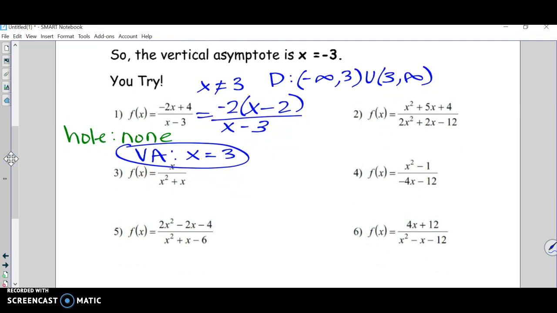What if I got rid of that? If I somehow canceled x minus 3, would that be a domain restriction? No, because I got rid of him, okay? That's why it's very important to do your domain and then check if you have a hole, because if you have a hole, your remaining domain restriction is your vertical asymptote, okay?